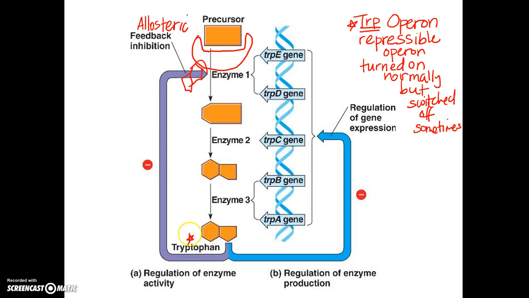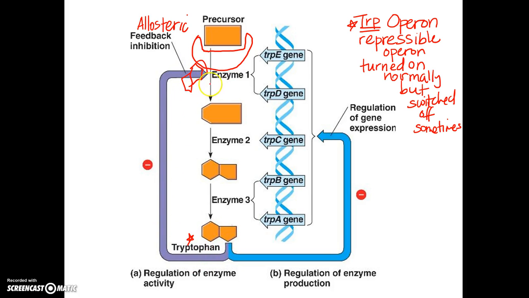If there's high amounts of tryptophan, that's going to get in the way of this enzyme. It's going to bind somewhere other than the active site and make it so that this enzyme stops grabbing these precursors. So normally we make tryptophan, but in high amounts we turn it off this way.